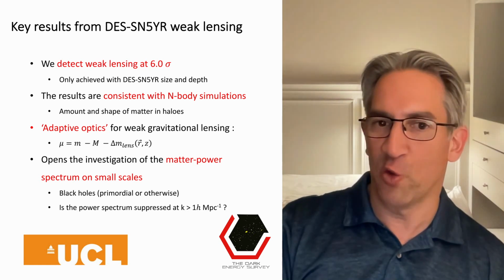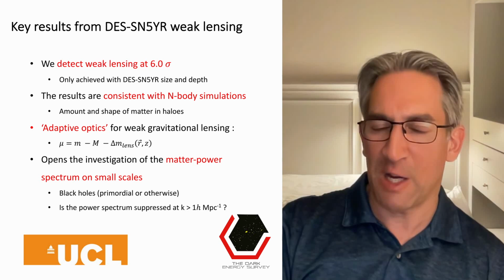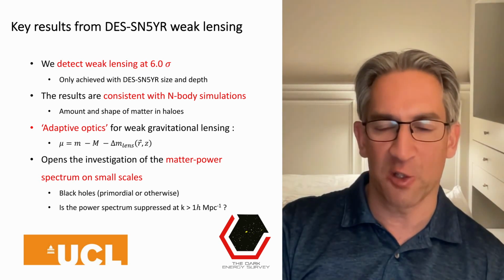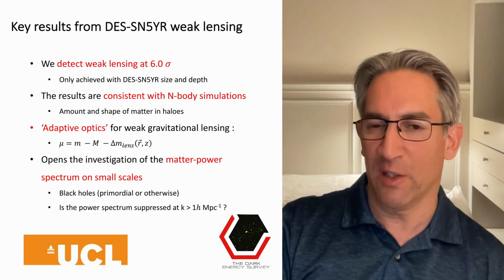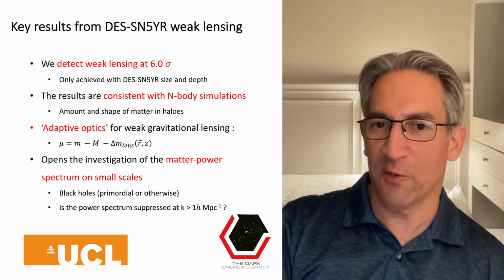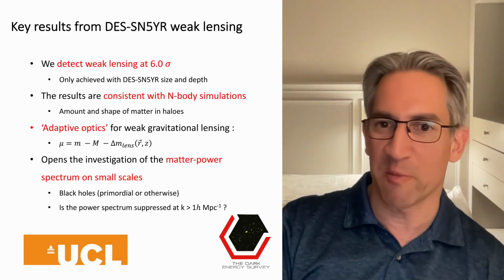Do black holes form any portion of the matter density of the universe? And is the power spectrum suppressed on small scales? By small scales, we might mean wave numbers greater than 1 in inverse megaparsecs. So we're really looking forward to taking this work. It opens the door. We want to carry it forwards and ask some really fundamental questions about the universe.